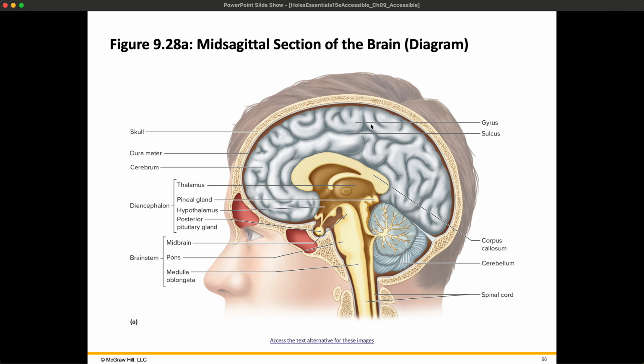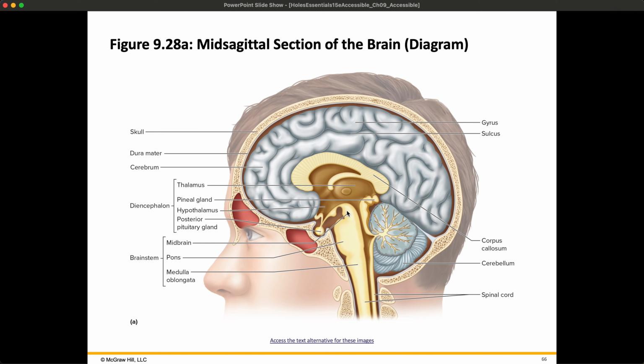Here you can see the cerebrum in gray with all of its folds. Then you have the diencephalon, which is marked here by the corpus callosum. You have the thalamus, the pineal gland, the pituitary gland, all of that within the diencephalon. You have the cerebellum back here. This is the little brain, so cerebrum, and then the cerebellum down here.